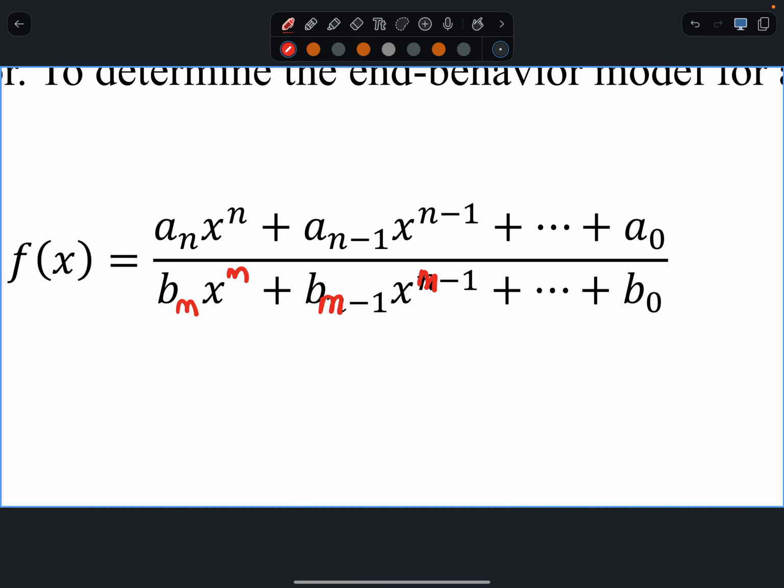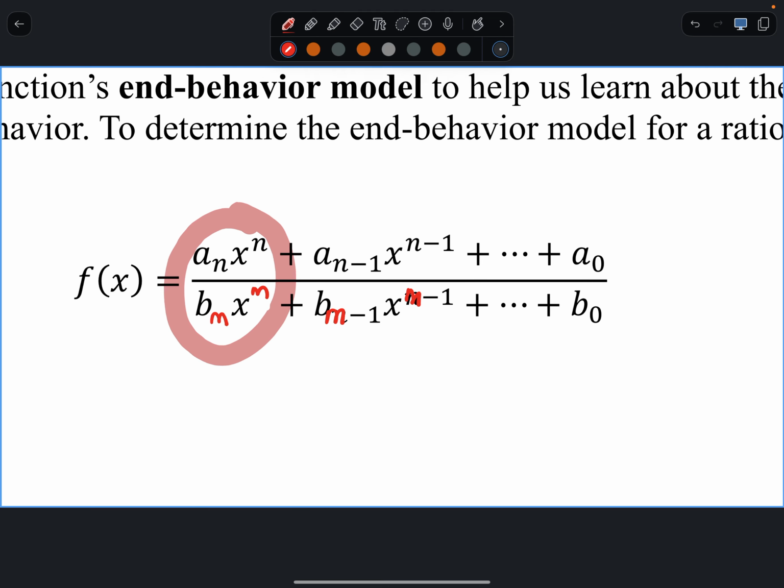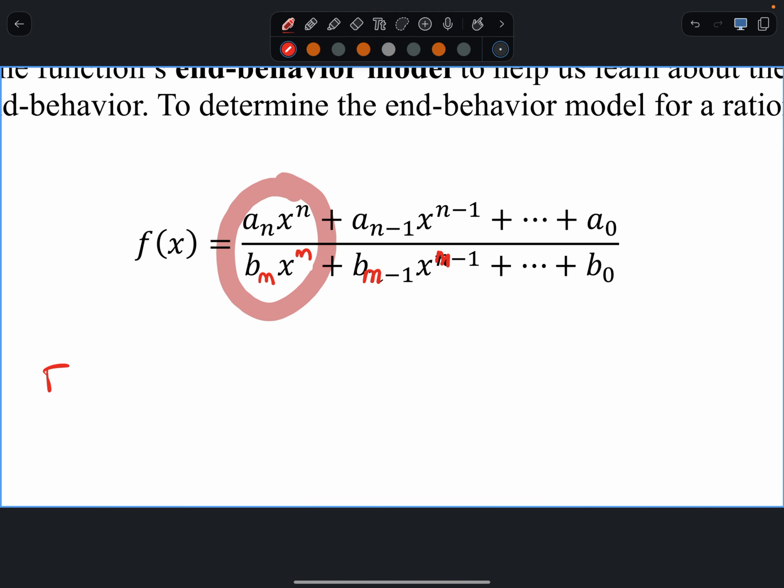The term with the largest exponent. In the denominator, who's winning the tug of war? The biggest one, this one. So it's this ratio of the terms with the largest exponents that ends up being the end behavior model.